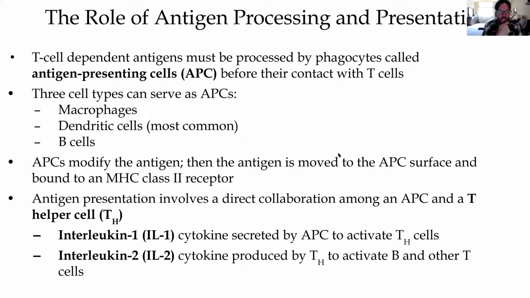A little bit more into the antigen processing and presentation. I've already gone through this, but here it is in word form so that you can see it rather than just hear it coming out of me. But again, the macrophages and primarily the dendritic cells, the B cells to some extent, but mostly your macrophages and your DCs are going to be the antigen presenting cells.